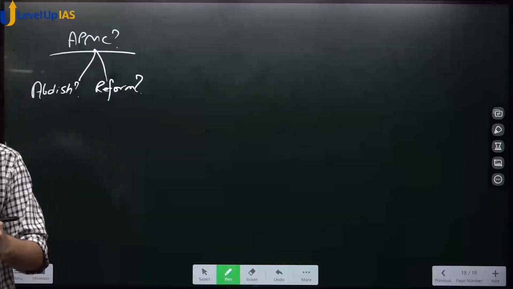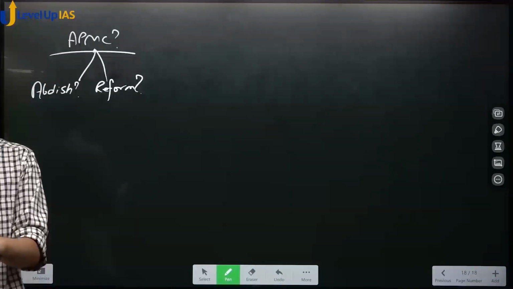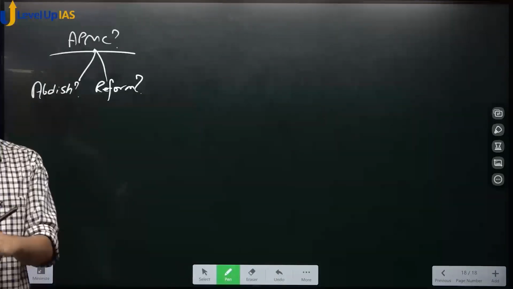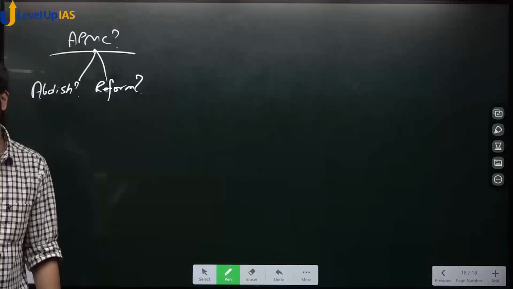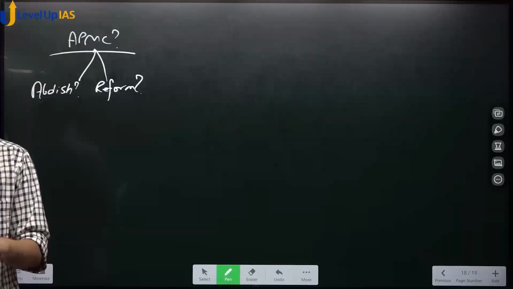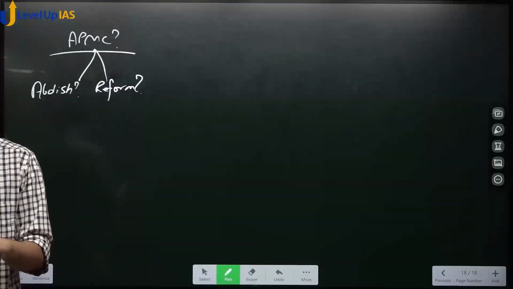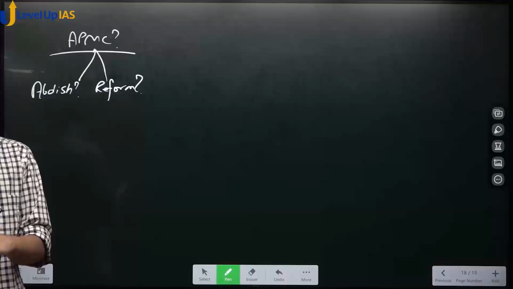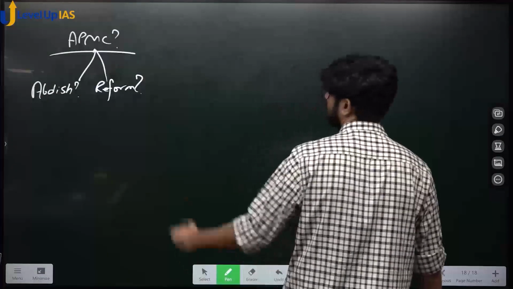There are pros and cons to both sides. Abolish karo, ye karo, wo karo, it is fine. But ultimately, the farmer should not suffer. Yes or no? ठीक है?